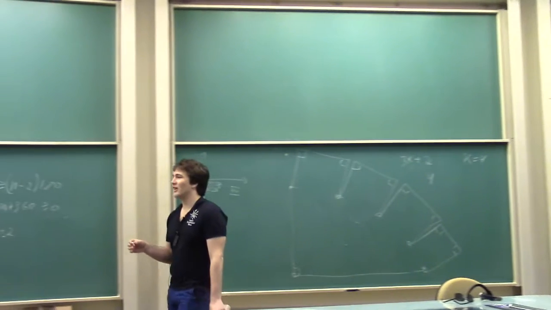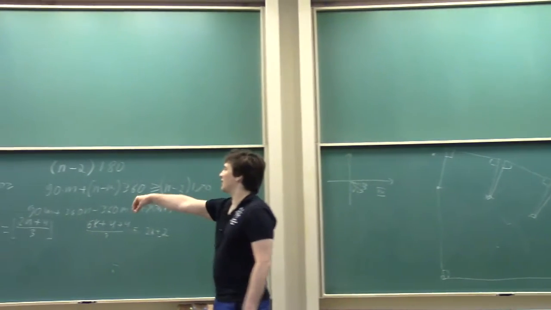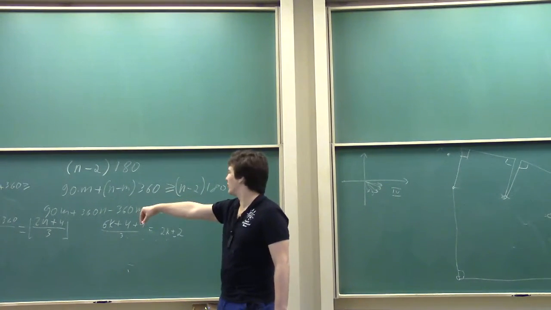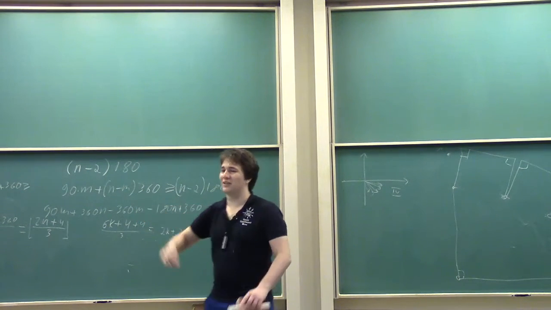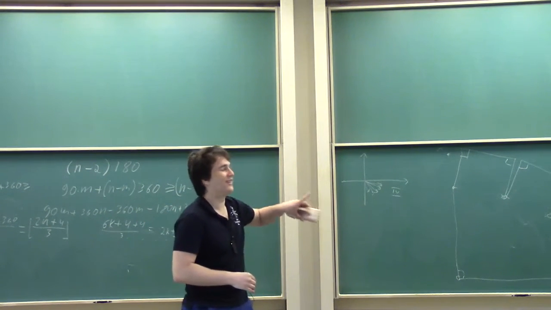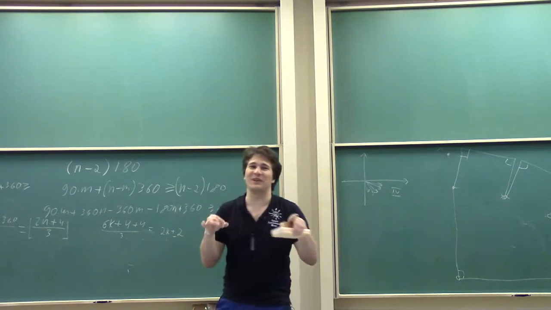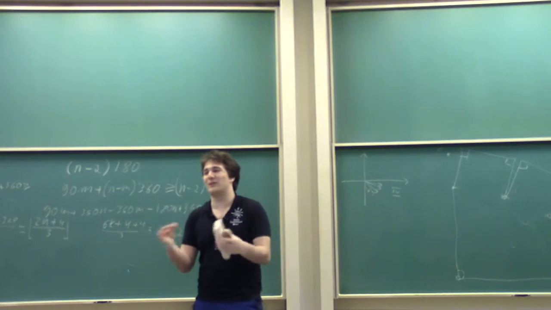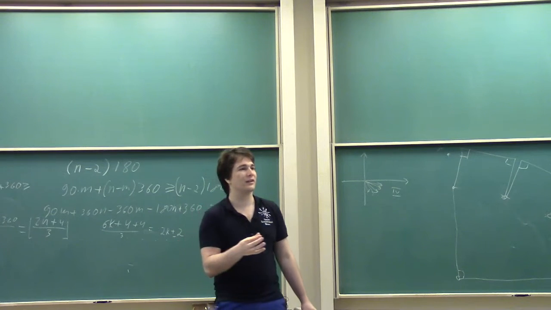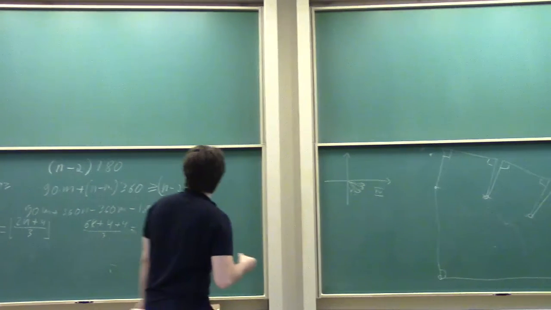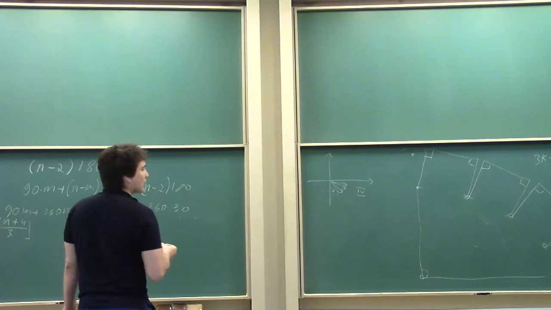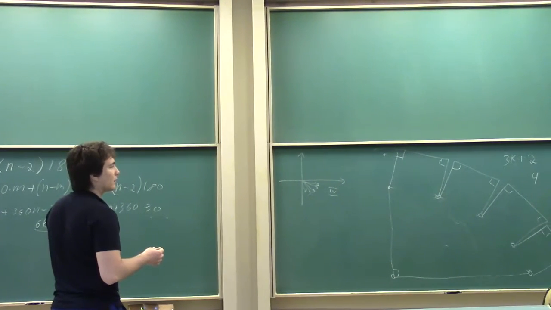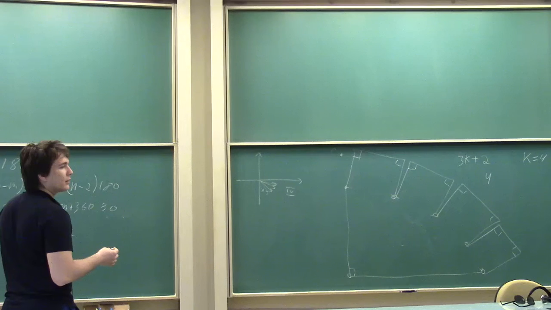The point is, I proved that I can't have more than this number of angles equal to 90, and now I draw an example that has more. So it definitely means I have an error and I've made a mistake somewhere.